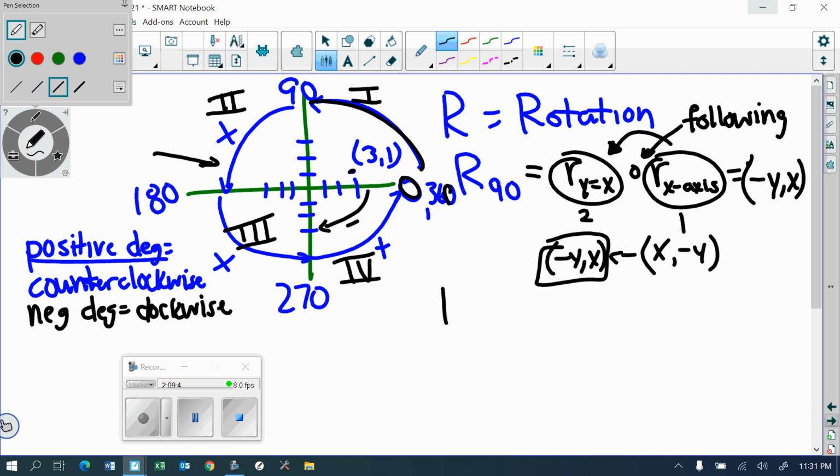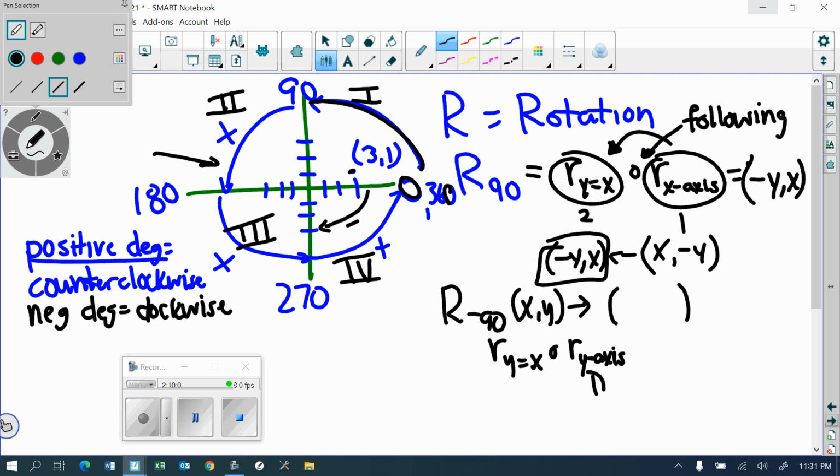Okay, rotation of negative 90 of x, y. This is a reflection over the line y equals x following a reflection over the y-axis.